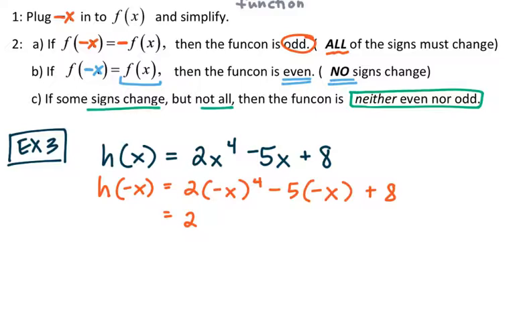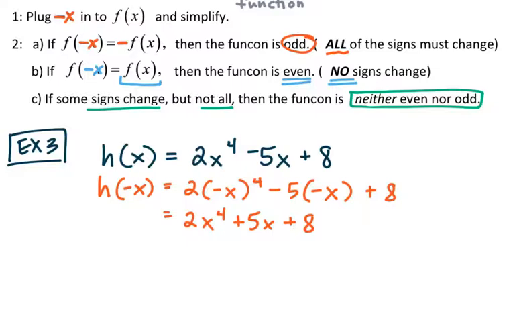So I have 2 times negative x. If I'm raising it to an even power, those negatives will form pairs, so that will cancel out and be positive. So this will be just positive x to the fourth. Here I'm going to have plus 5x, and then I'll have plus 8.